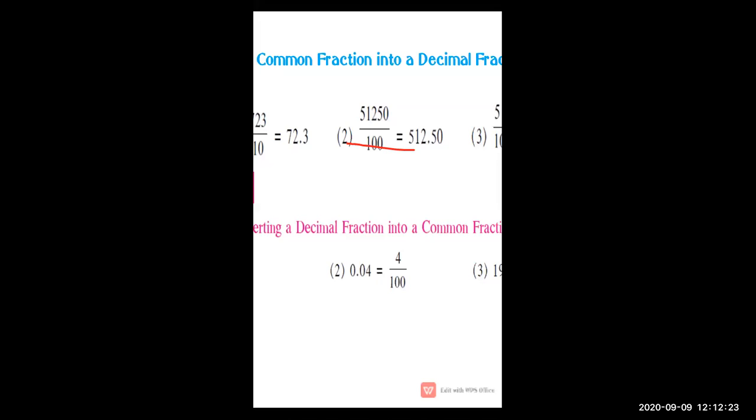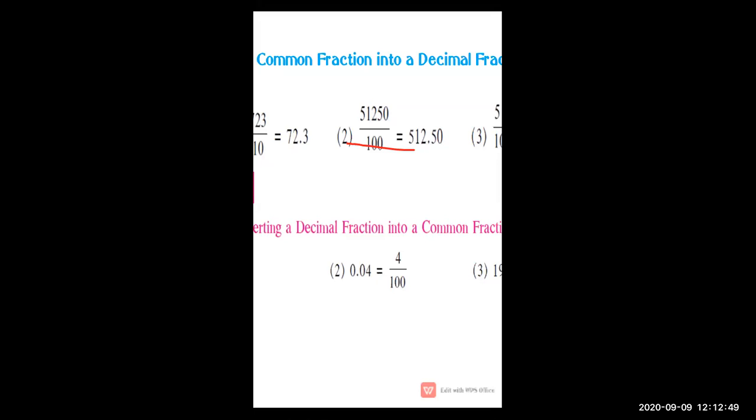Then 100 means after two numbers you are going to put a point. So here will be 50, before 50 you have to put a point. So you can read it like this: 512.50. See, after the point you have to read single digits. You are not going to read fifty. So we have converted this common fraction into a decimal fraction.